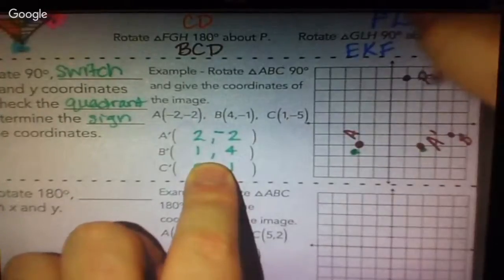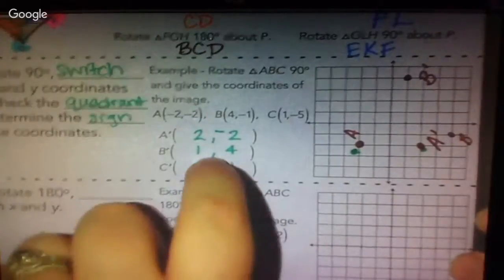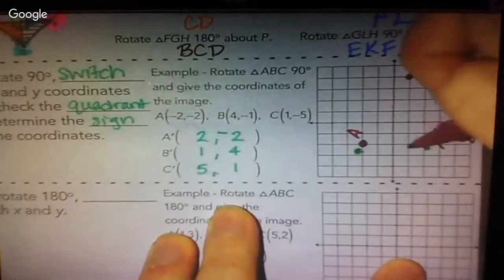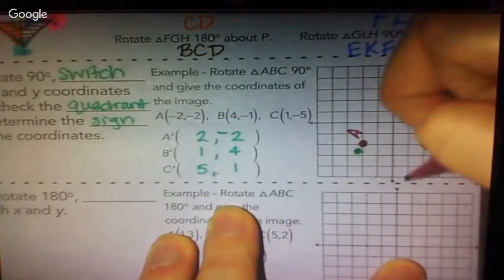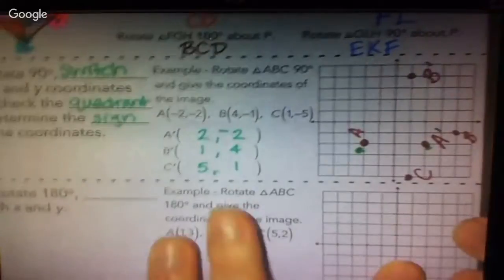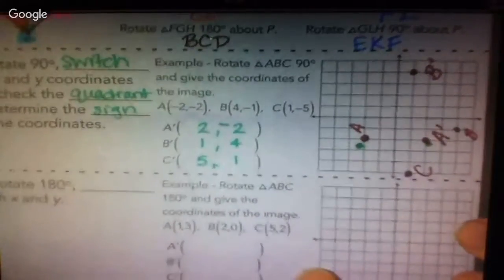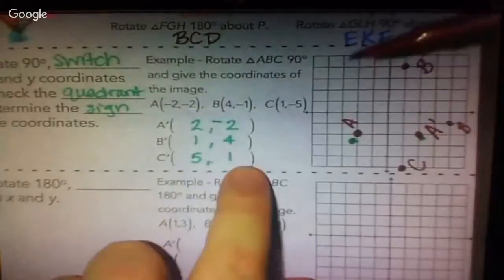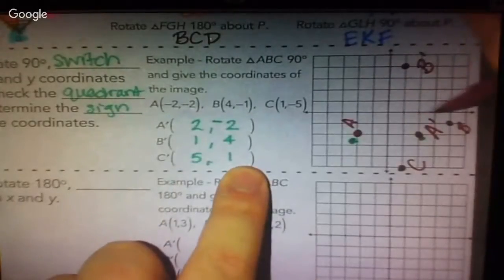And here's B prime. C started at 1, 2, 3, 4, -5, so it started here. If it's in 4, it's going to 1, which leaves this as positive, positive. So my new point's at 1, 2, 3, 4, 5, 1.